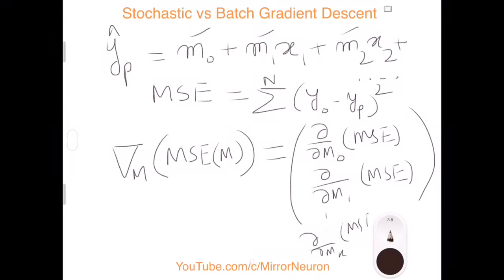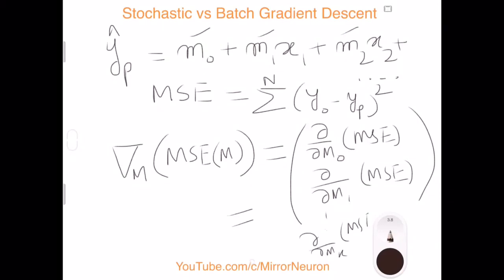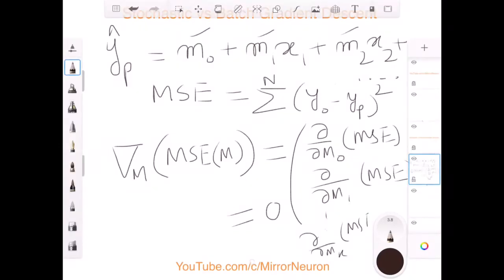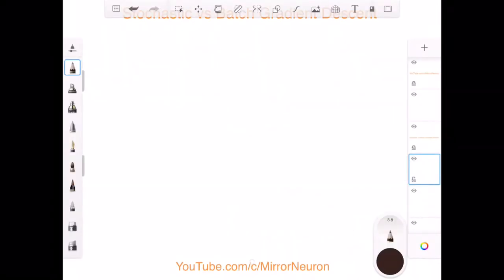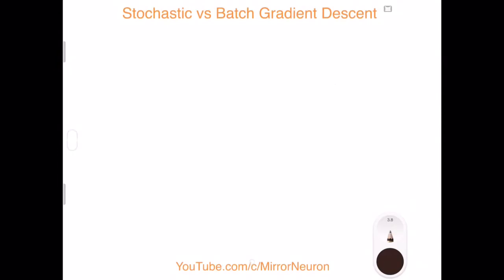And what is the solution of this one? So we know that in order to find the solution, we have to set all of them equal to 0. So basically we'll get that many linear equations which we need to solve. And we have also seen in our theoretical class that the solution of this one, when we have multiple features, is very simple and straightforward.